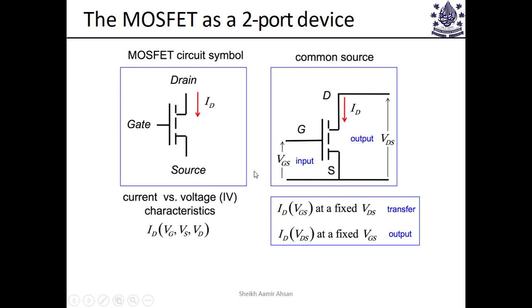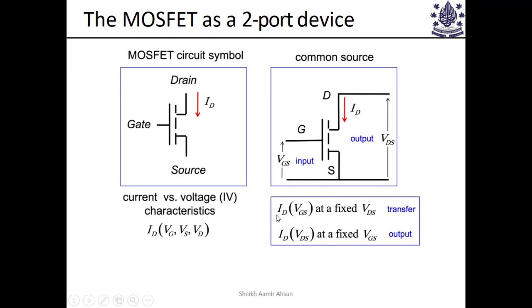Even this kind of topology, a common source topology, is often used to find out the characteristics of these devices. The most commonly looked at characteristics, for the sake of evaluation of these devices, are called ID-VG or IDS versus VGS characteristics at a fixed VDS.